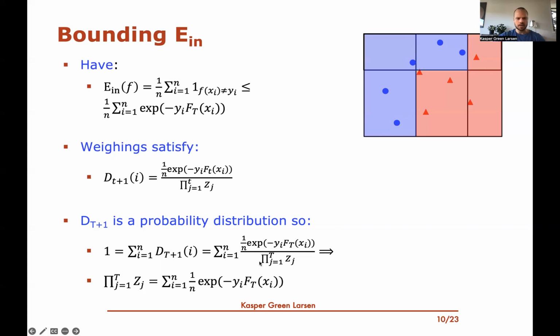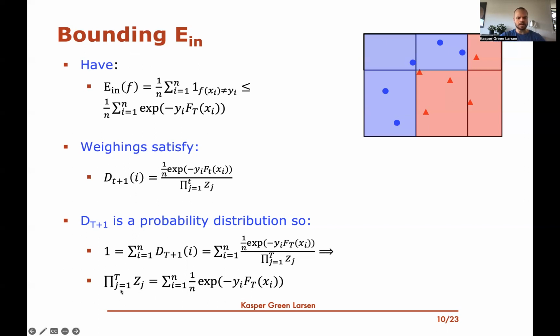So what we're going to do is move the product to the other side. Now we know that the product of these Z's is equal to the sum from 1 to n of 1 over n times this exponential function. And now this starts to look like something, because what we have here is exactly this upper bound on the in-sample error. Which means that the in-sample error of f, the final hypothesis, is no more than the product of these normalization terms.